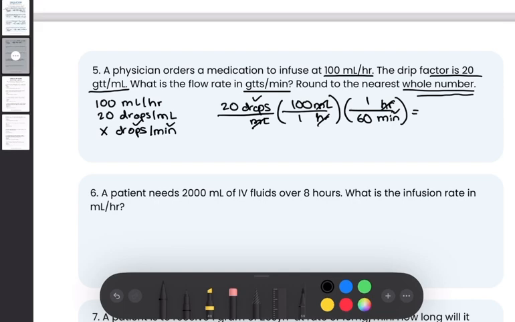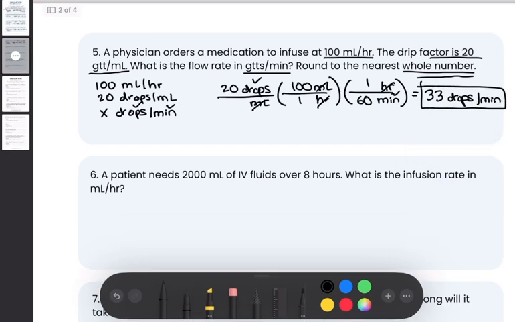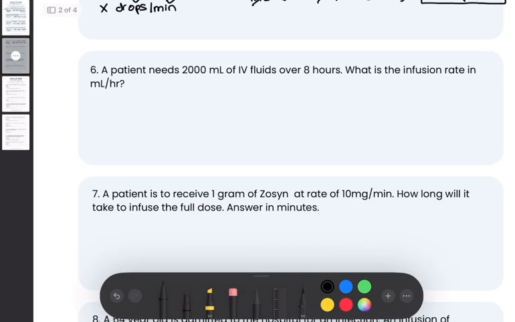And your answer has to be given in a whole number. Keep in mind that flow rate is often in minutes, drops per minute, and drip factor is often drops per milliliter.